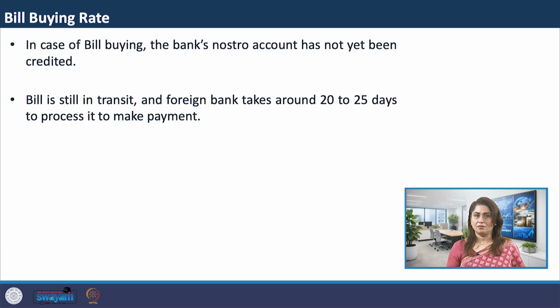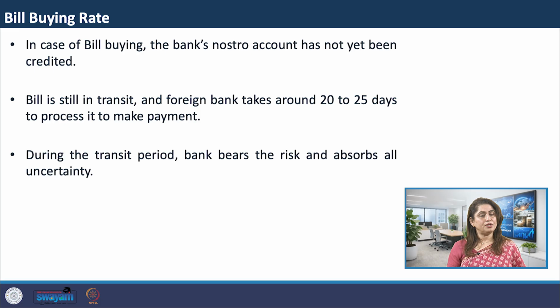This takes time, typically 20 to 25 days. During those 20 to 25 days, the bank bears the risk. What if the foreign bank delays? What if there is a discrepancy in documents? What if something goes wrong? The bank absorbs all of that uncertainty.